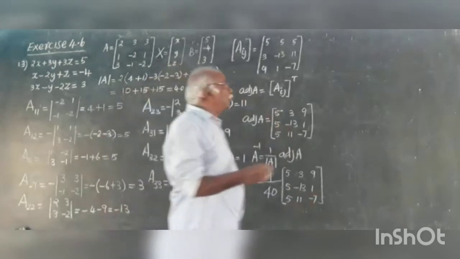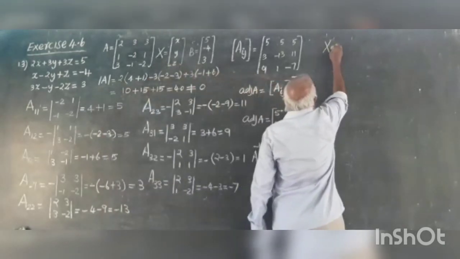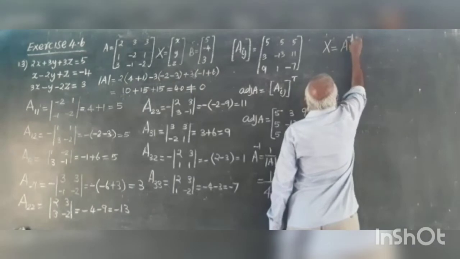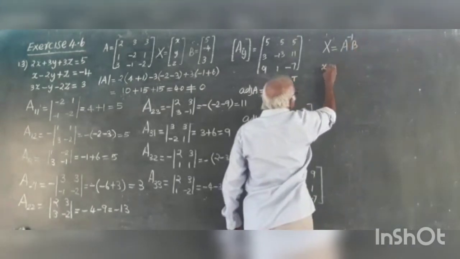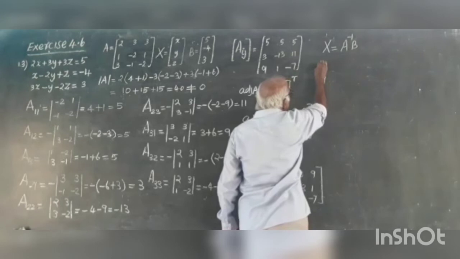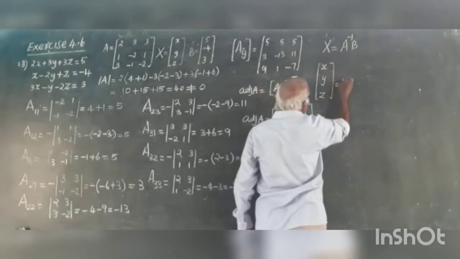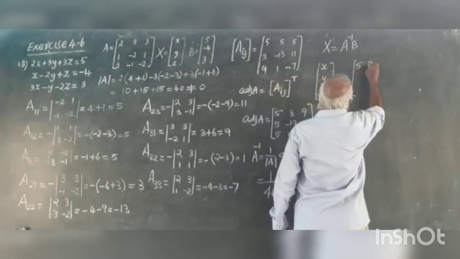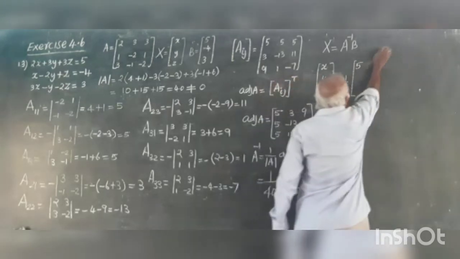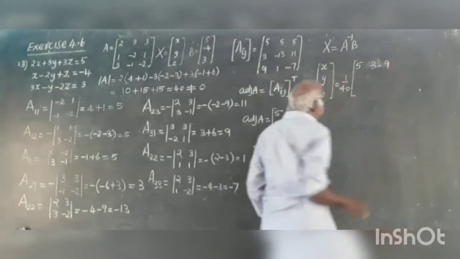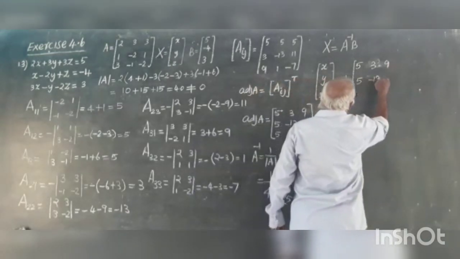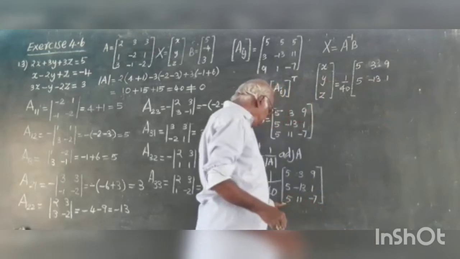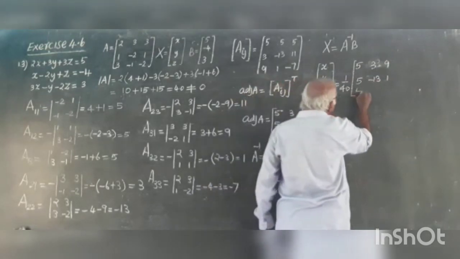Then apply the matrix equation. What is the matrix equation? Capital X is equal to A inverse into B, is equal to x, y, z. A inverse is 1 by 40, 5, 3, 9, 5, minus 13, 1, 5, 11, minus 7.